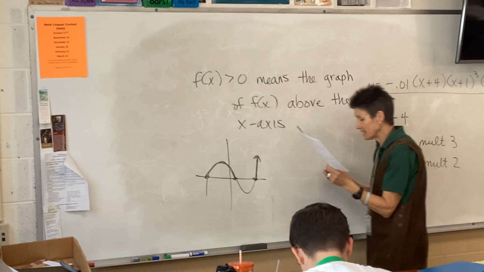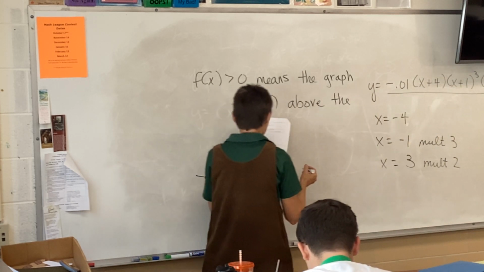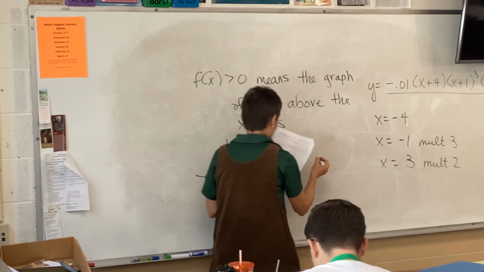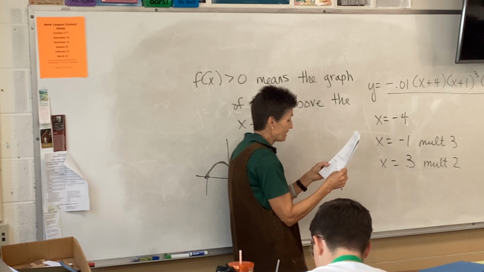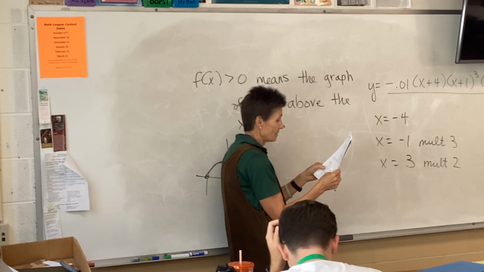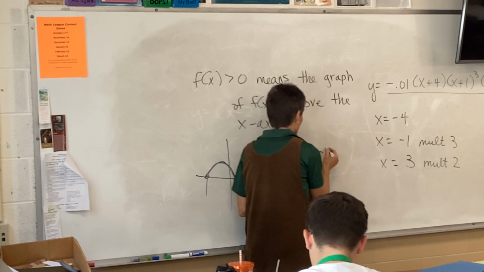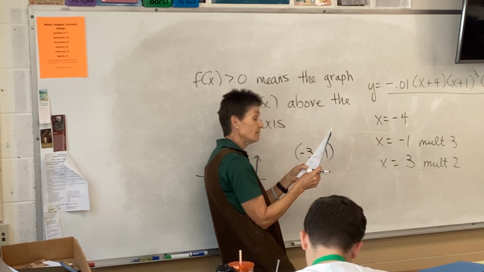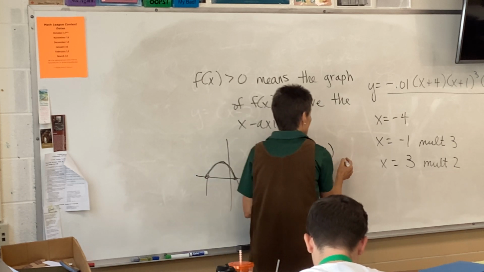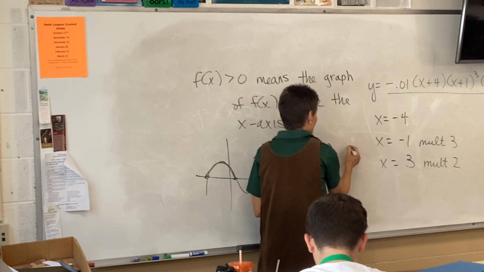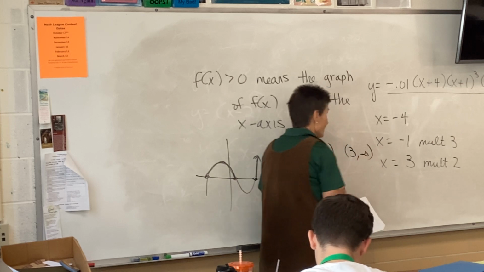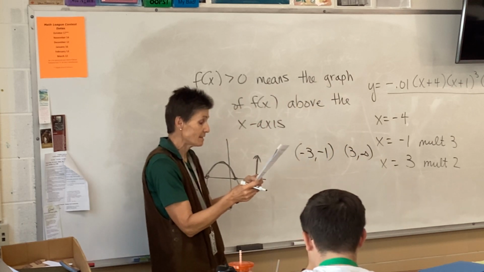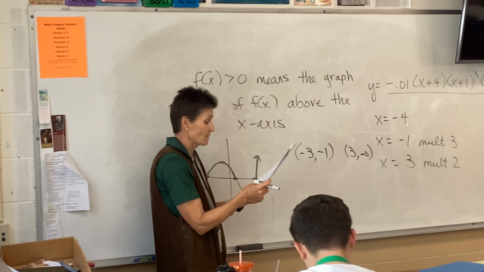Okay, now this is going to be an interval. Between negative 3 and negative 1. And where else? From 3 to infinity. Very, very good. Those are the positive parts of the graph.